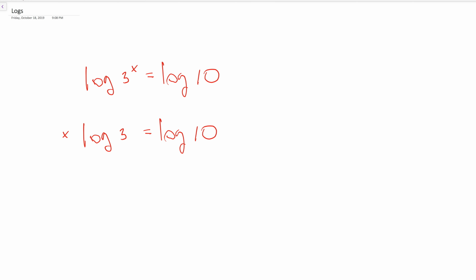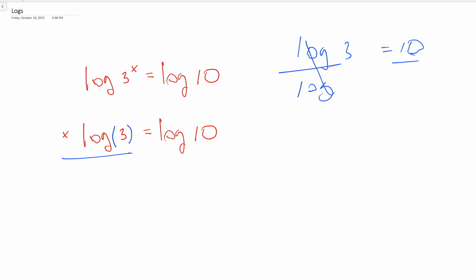You also just know that log 3, there's log and this number 3, they're stuck together. You can't just have the word log by itself. So if you have log 3 equals, let's say, 10, you cannot divide by log.